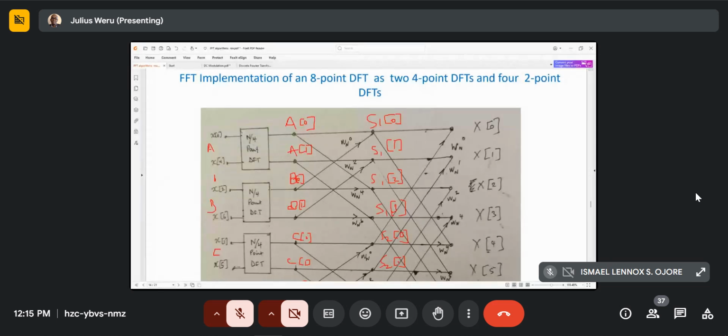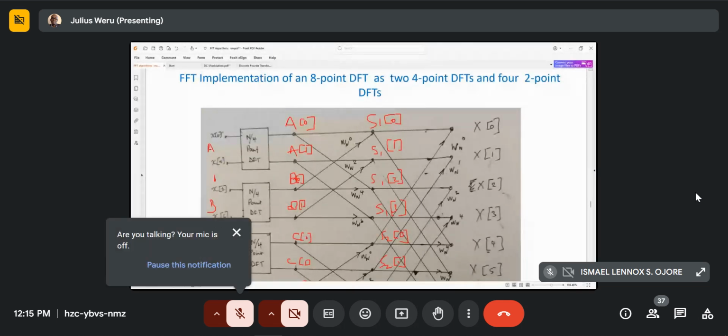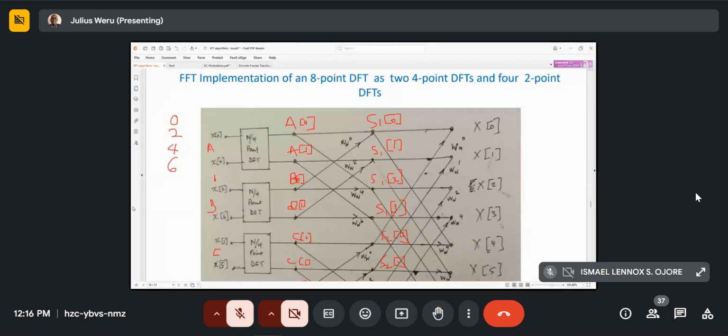For this particular one, it is x0 and x1, but we have to pick the even. And remember, our even was 0, 2, 4, 6. Then we have to pick the even of this and the odd of this.